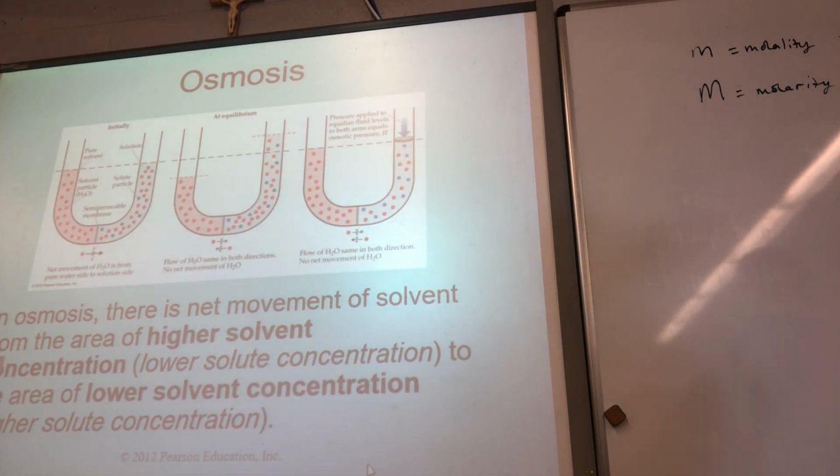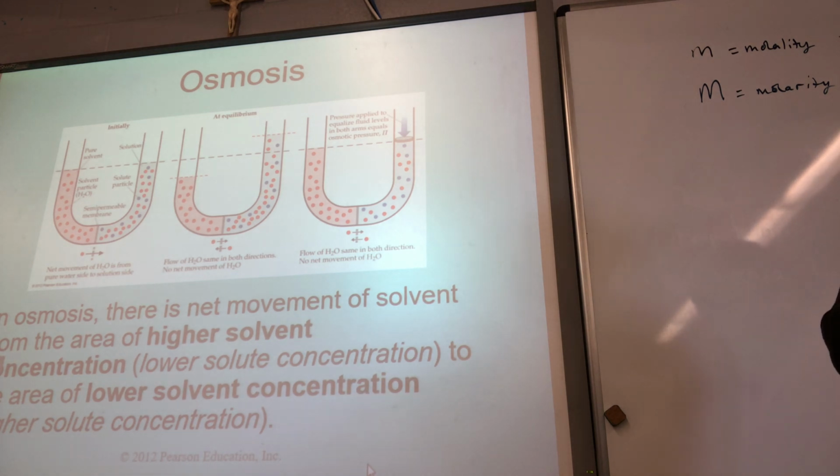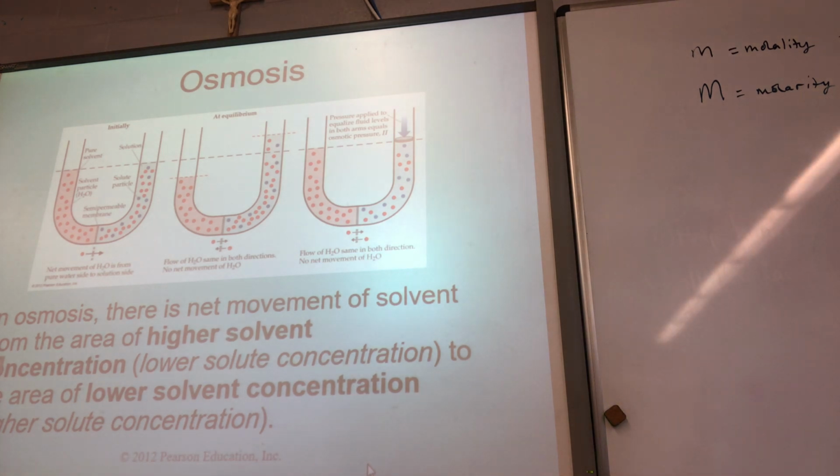Really, what I want to get across is that osmosis is the movement of solvent. So think water, from a high solvent concentration to low solvent concentration. Whenever it comes to anything in this class, we move from high to low. So large amount of heat to small amount of heat.